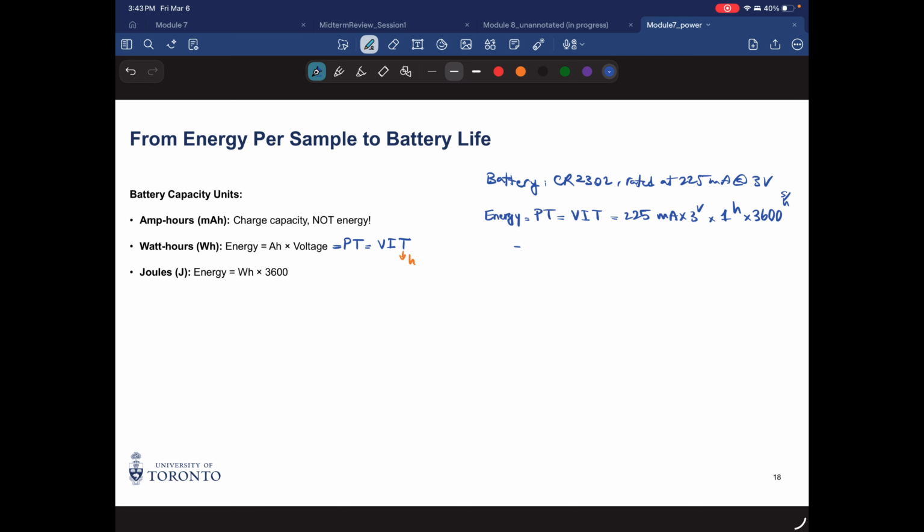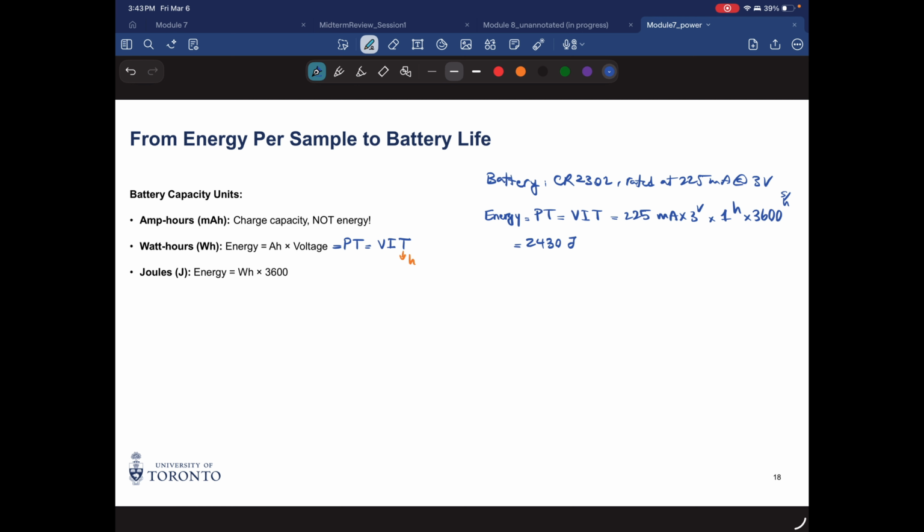So this is going to be 2430 joules. So the total energy that this battery has is 2430 joules.